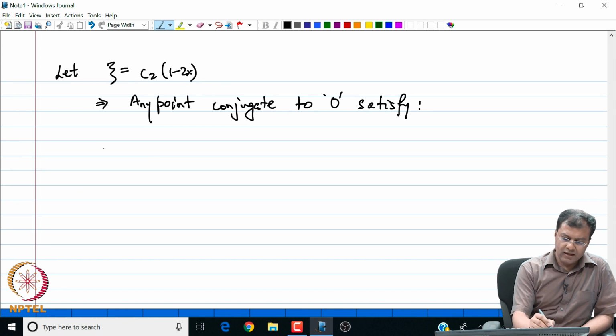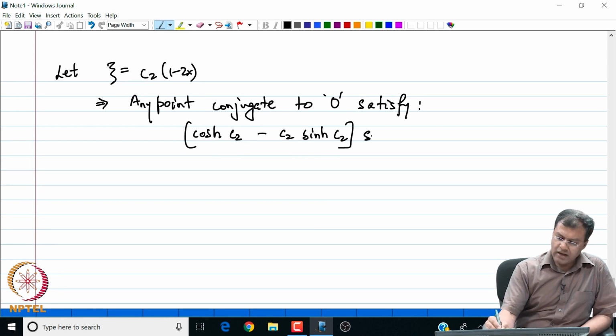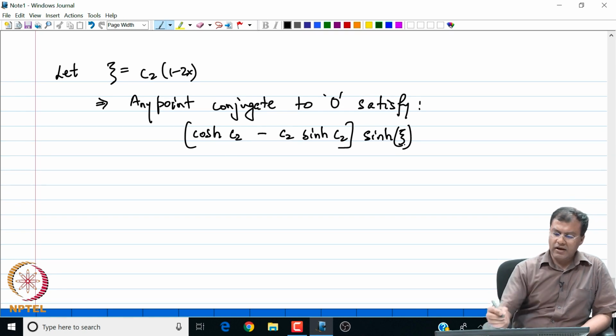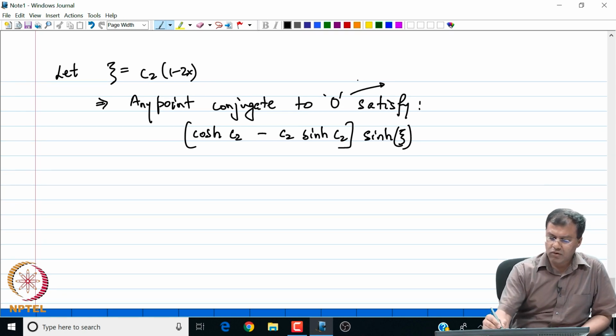I plug in the point 0, and I see that the following holds. We have the condition cos hyperbolic C2 minus C2 sin hyperbolic C2 times sin hyperbolic xi. When we plug in x equal to 0, I get that xi is equal to C2.